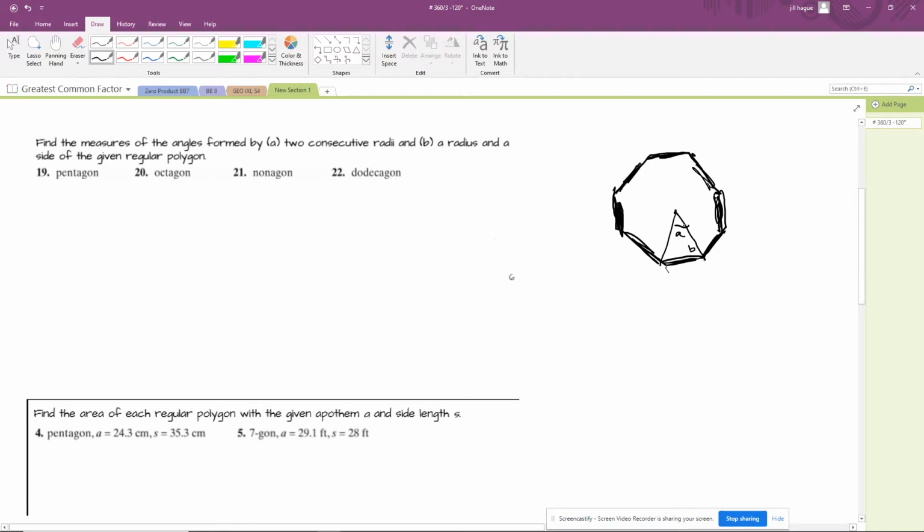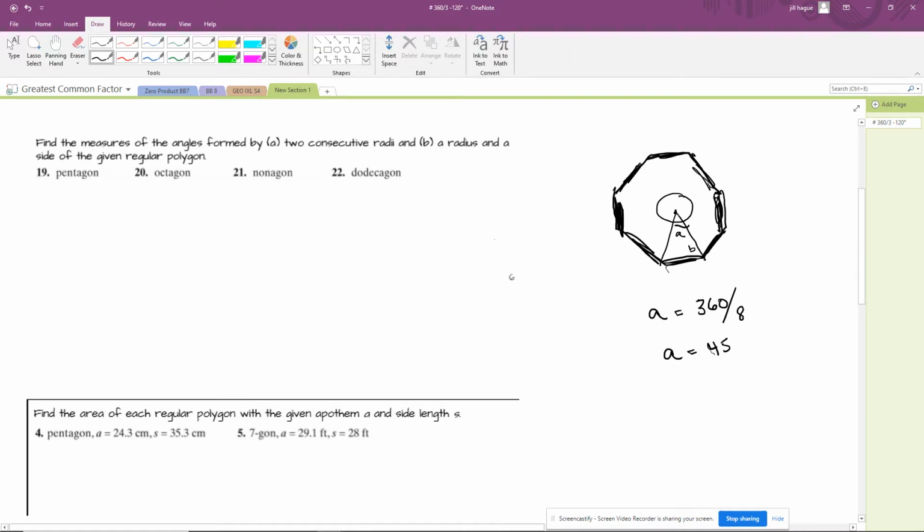And they want to know what those angles are. So we know that in an octagon, there's 360 degrees around this center, and there are 8 angles. So if we divide that by 8, angle A is just equal to 360 degrees divided by 8, which is 45 degrees. So I know angle A is 45 degrees.